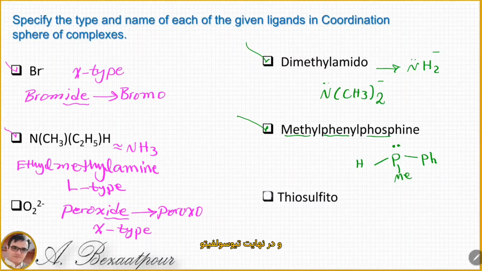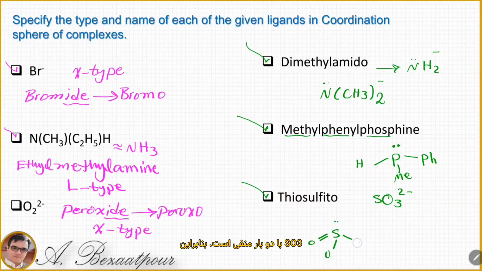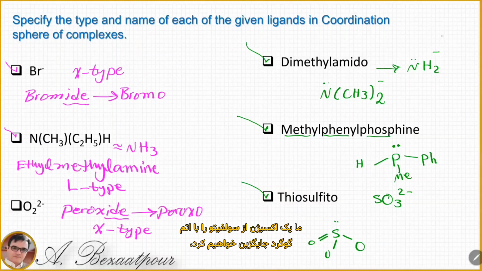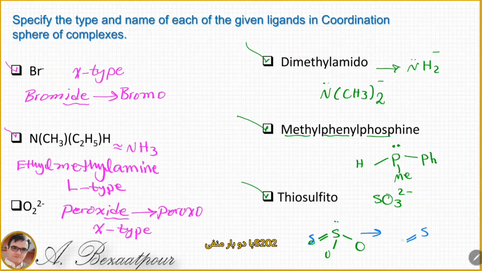And finally, thiosulfito. We know that sulfito is SO3 2 minus, therefore we replace one oxygen of sulfito with a sulfur atom, S2O2 2 minus.